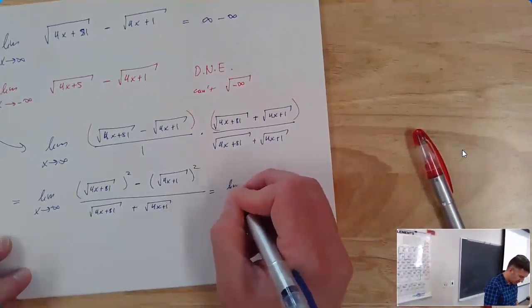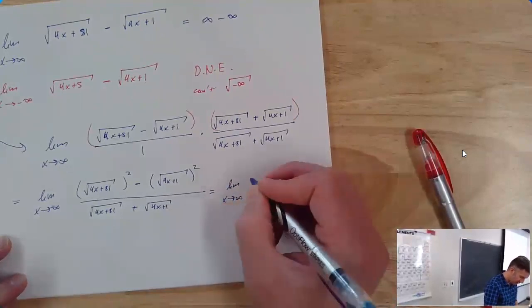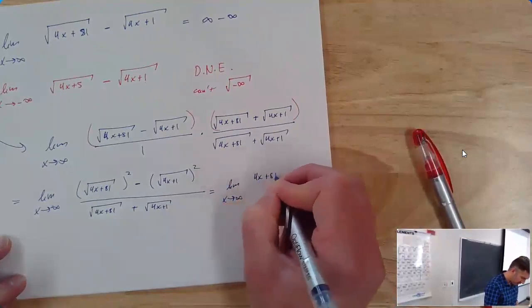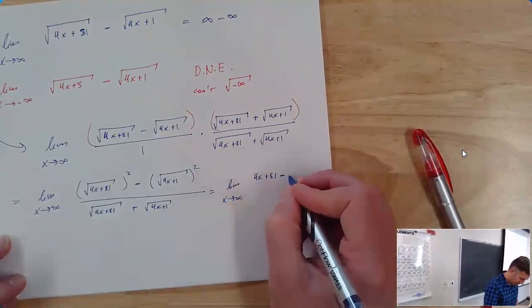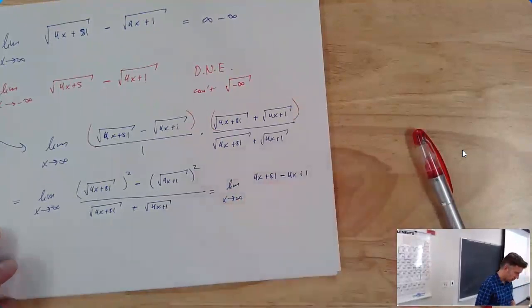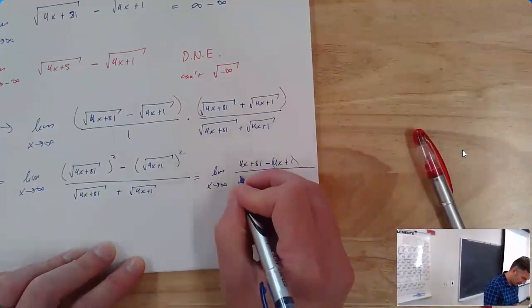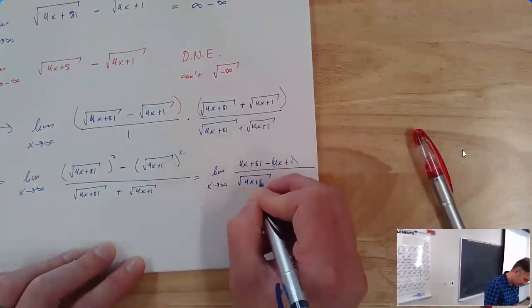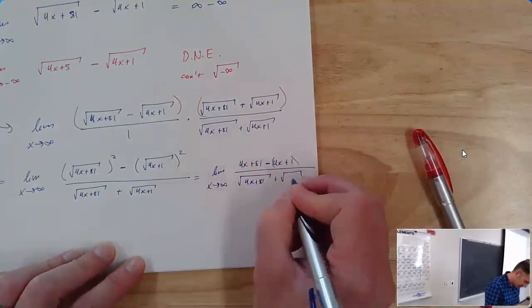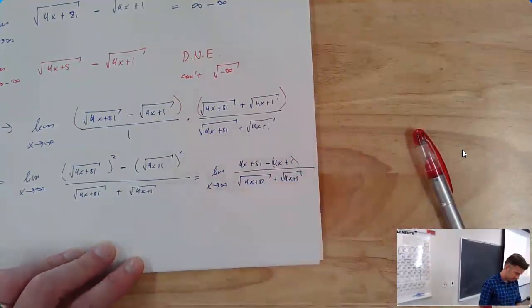So this ends up being the limit, x goes to infinity of 4x plus 81 minus 4x plus 1. Be careful, there should be parentheses there. Over the same spot. Now what's going to happen on top?